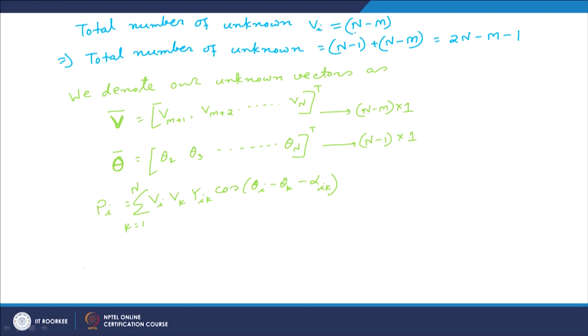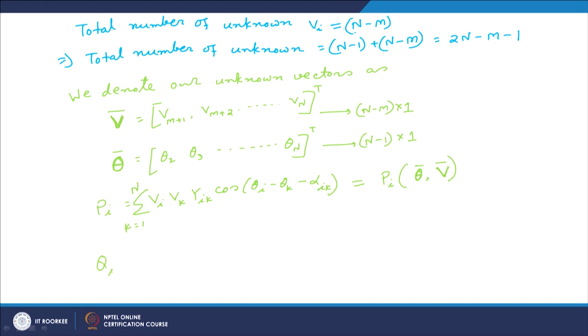Therefore, any expression of P i can be written as some function. With an abuse of notation, we call it that P i is a function of vector theta and vector V.